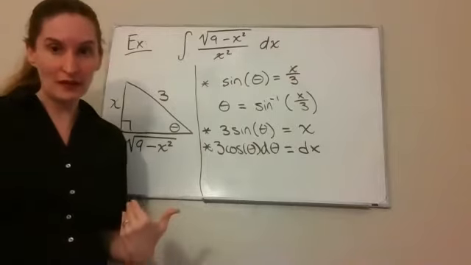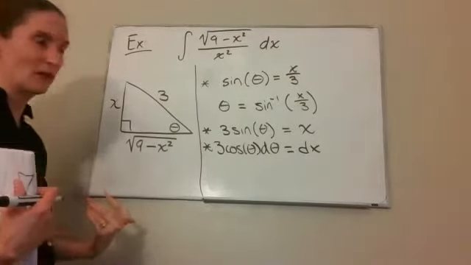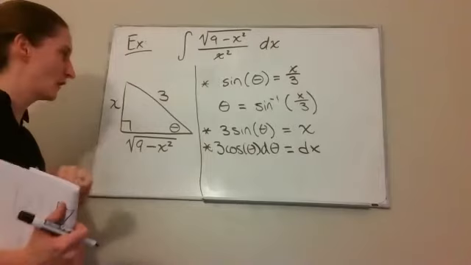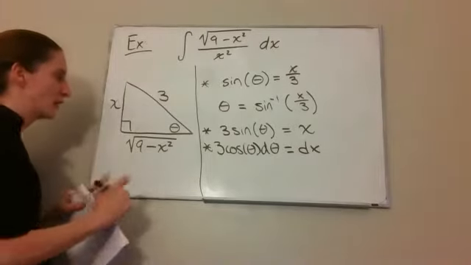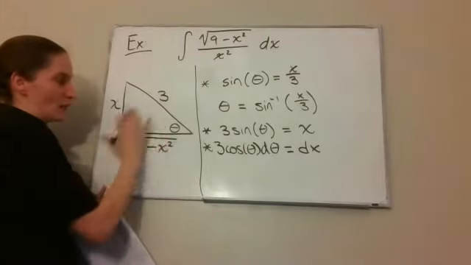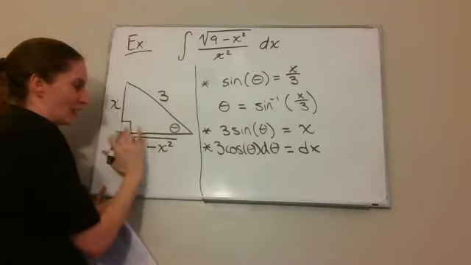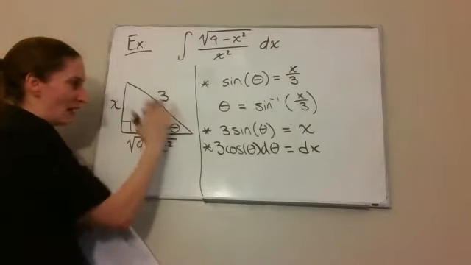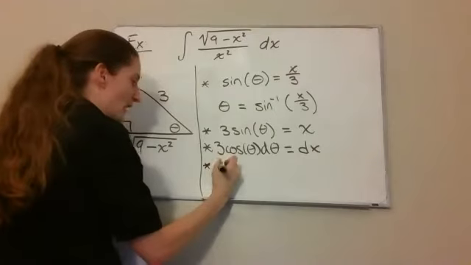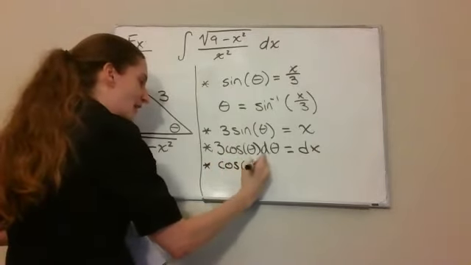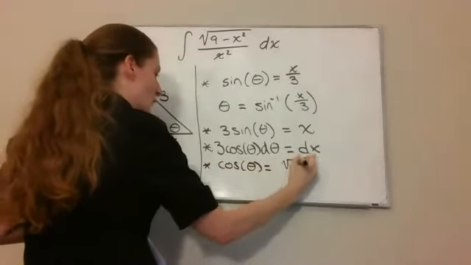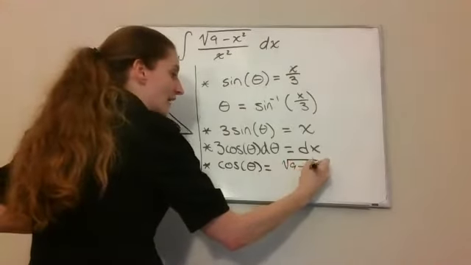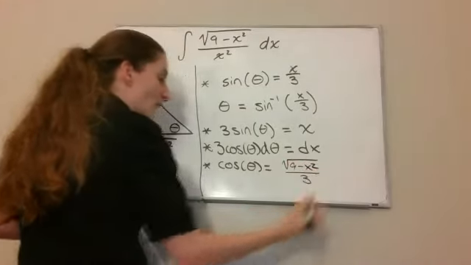Or you can do what I think is easier and just figure out what the square root is equal to using our right triangle trig. If I look at this triangle and I look at the adjacent edge and the hypotenuse, I know that cosine of theta is equal to the square root of 9 minus x squared over 3.